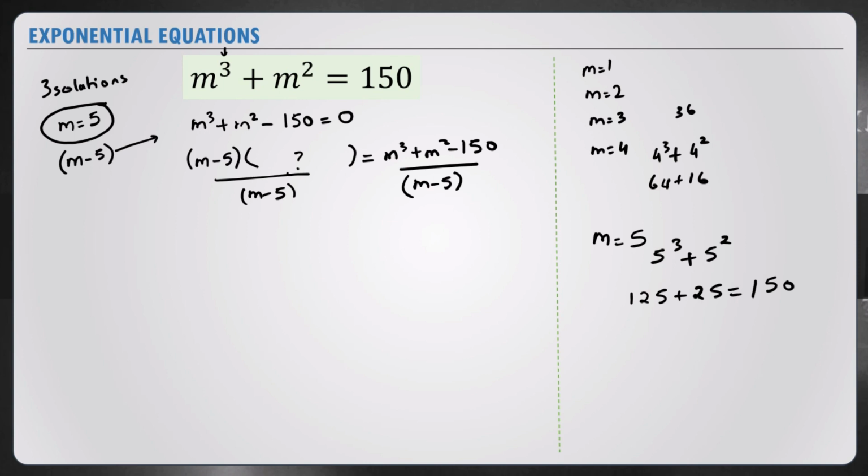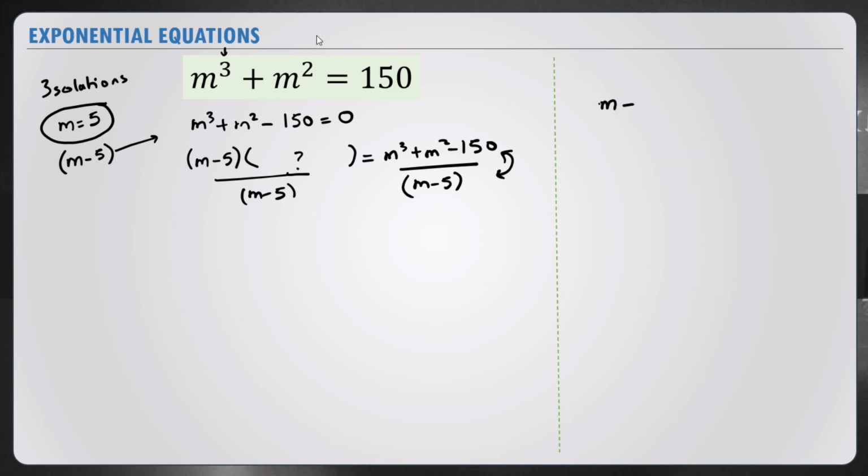So let's divide m cubed plus m squared minus 150 by m minus 5 using long division. We have m minus 5, m cubed plus m squared plus, we need a space for m to the power of 1 where there was nothing, minus 150. We always remember this when we do long division. We need spaces for each of the exponents.